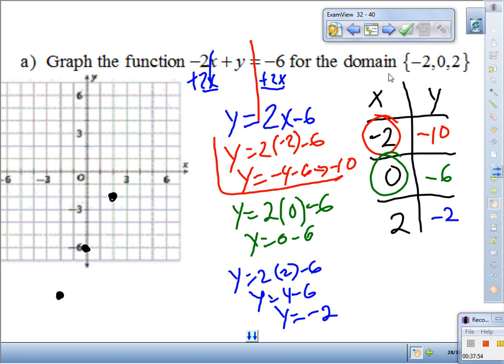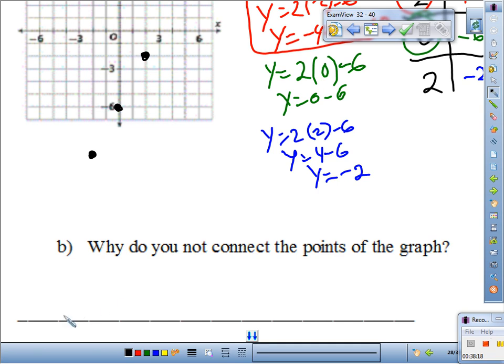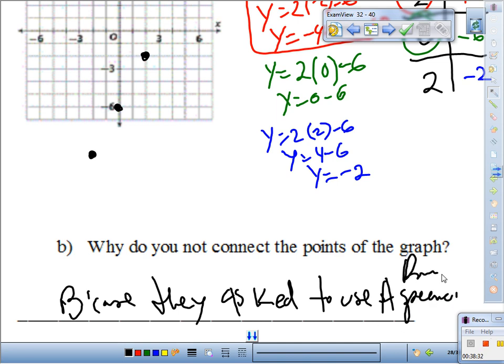That's why we don't connect anything in between. They only want us to use what? Negative 2, 0, and 2. So then here you just write, because they asked to use a specific domain. Thank you.